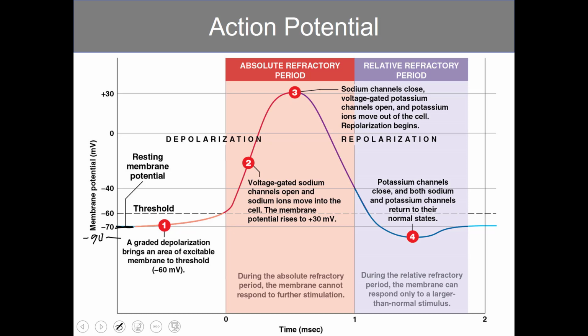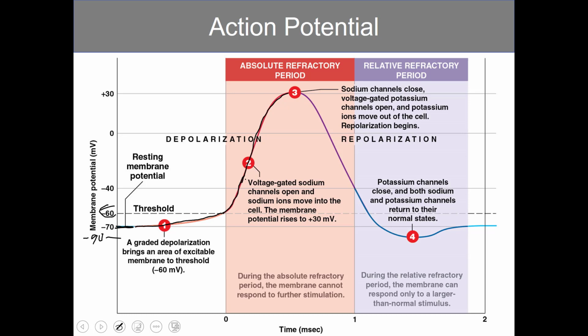And the first thing we experience is a graded potential. Remember, this is a temporary, localized change in the transmembrane potential. If the graded potential is strong enough to reach threshold, as identified by negative 60 here, it gets converted to an action potential, and a rapid influx of sodium ions leads to this rapid depolarization of the membrane.